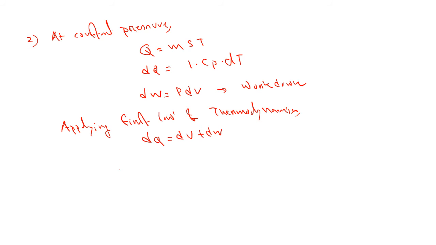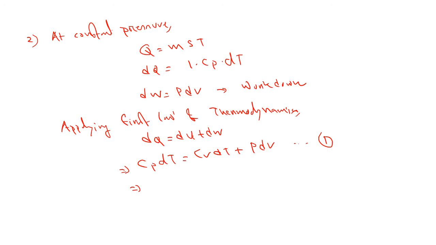In that case, dQ equal to Cp dT, and dU we already know from that formula, Cv dT, and this is P dV, so we can give this equation number 1. So here we get Cp dT, Cv dT and P dV.